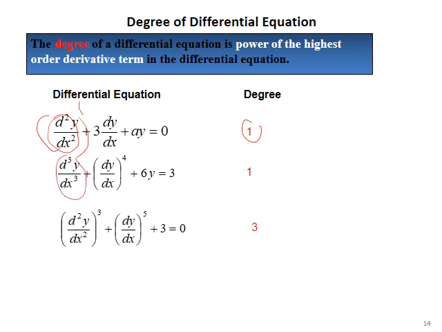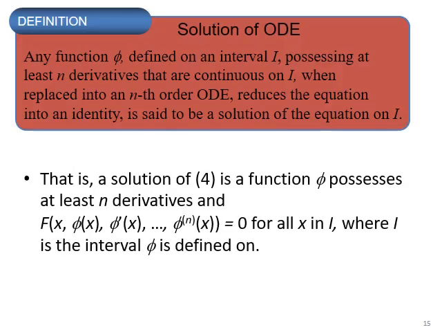Here the highest order is 3, so it is a third order differential equation, and the power here is 1, so still it's 1. Don't look at this power 4 because it applies to the first order, not the third order. Now if we come here, this is second order, this is first order, but the second order rises to power 3 and here it rises to power 4, so the degree is 3 because I look at the highest order of the differentiation.